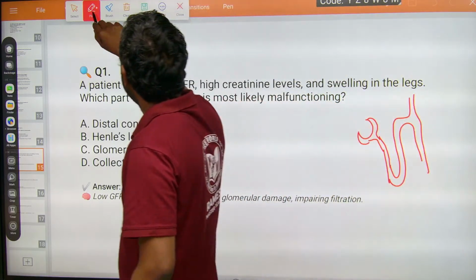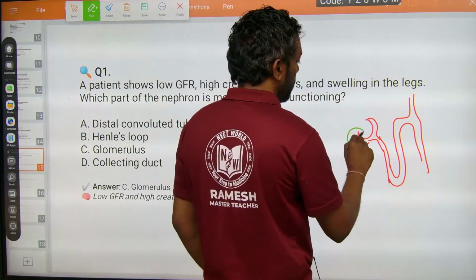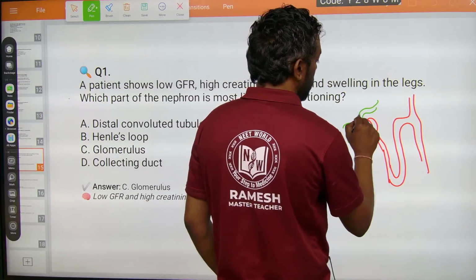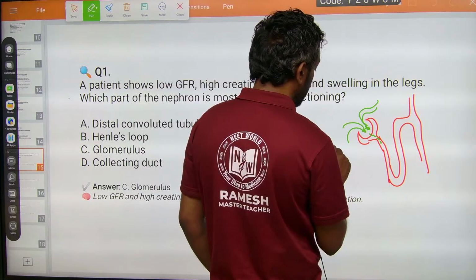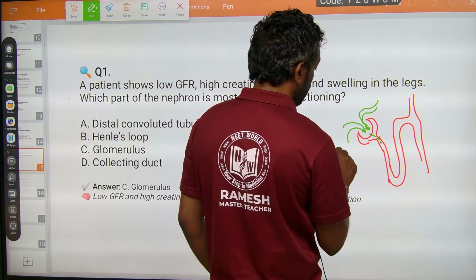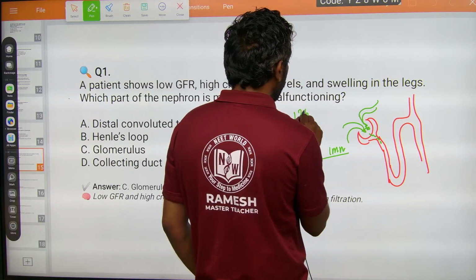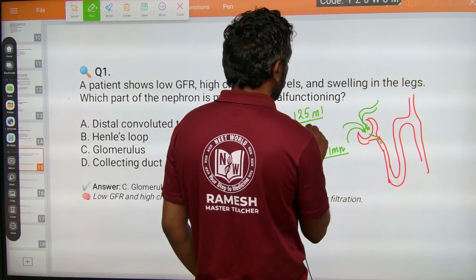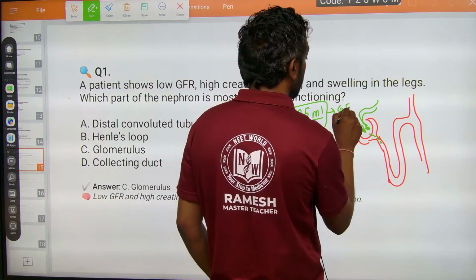The filtrate is formed at 125 ml per minute, the glomerular filtration rate, GFR.